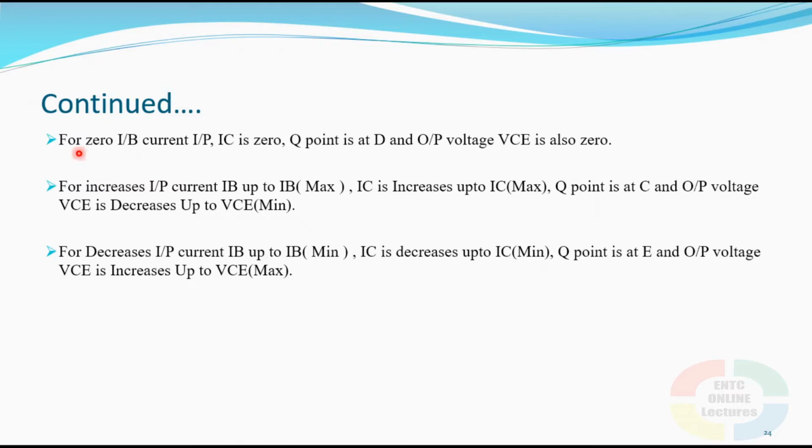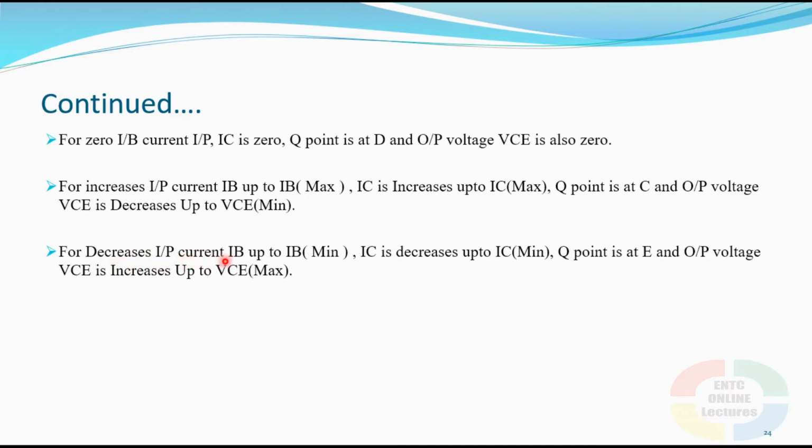It shows three conditions. For 0 IB current, IC is 0, the Q point is at D and the output voltage VCE is also 0. When input current IB increases up to IB max, IC increases up to IC max, the Q point is at C and the output voltage VCE decreases up to VCE min.